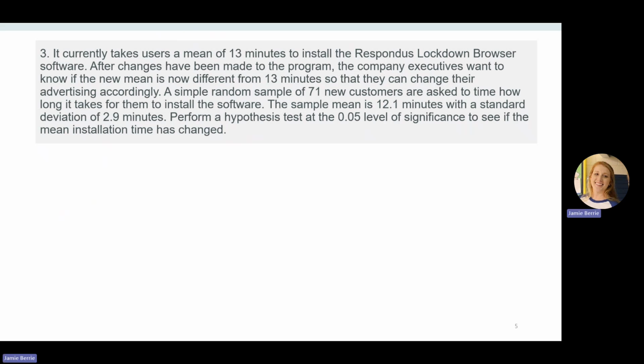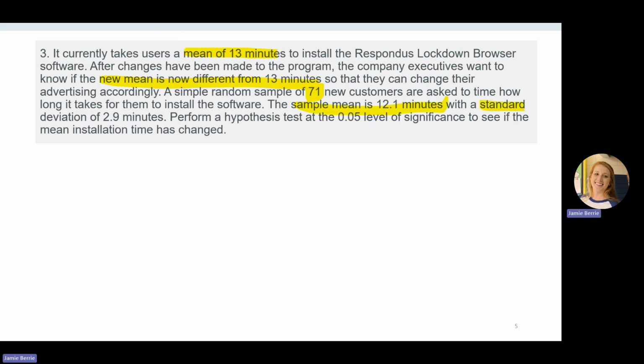All right, so I'm just going to highlight some important stuff, and then I'm going to ask you to try this one on your own. This is the value that's currently believed to be true, that it takes 13 minutes to install the software. They want to know if the new mean is different than 13 minutes. So does it take less than 13 minutes? Does it take more than 13 minutes? Their sample size is 71. Sample mean is 12.1.